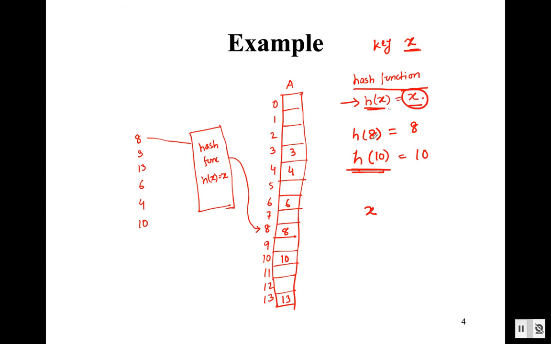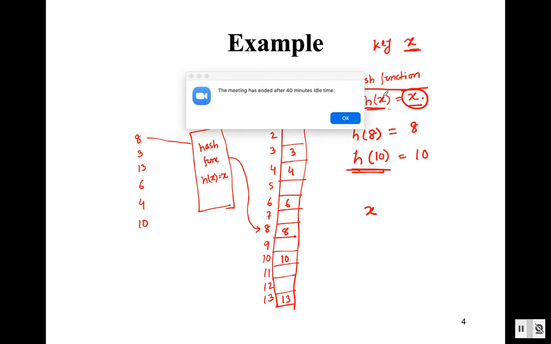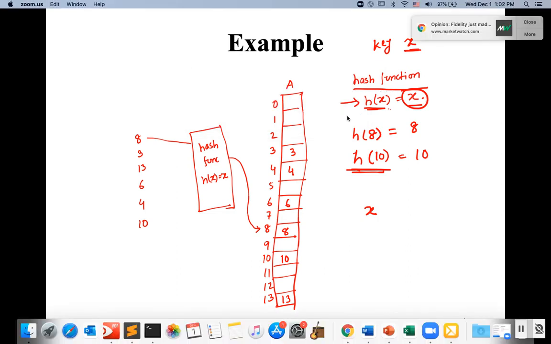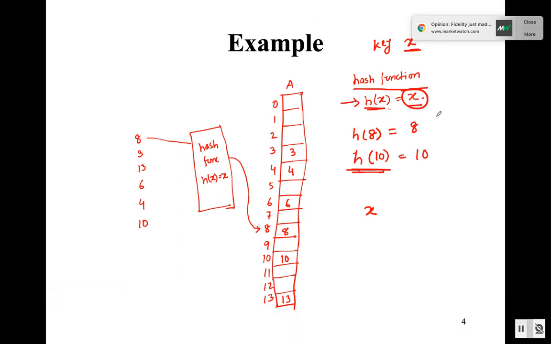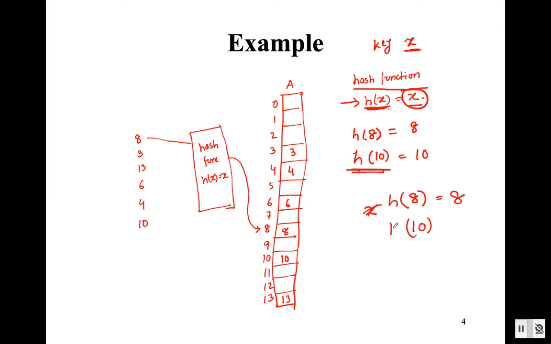Now if h of x equals x, the hash value will also be x. So if our key value is 8, our hash function will create hash value 8. If our key value is 10, it is going to create a hash value 10.